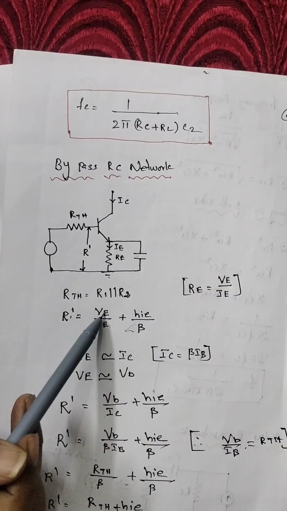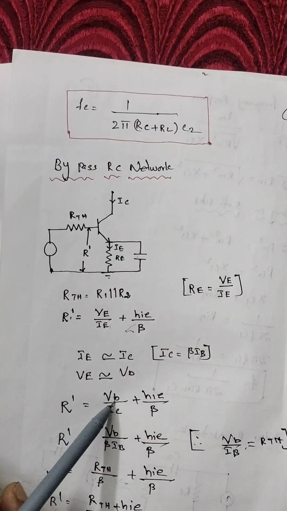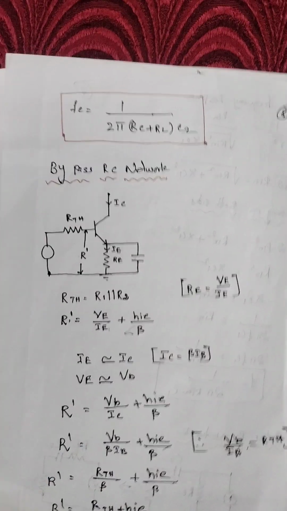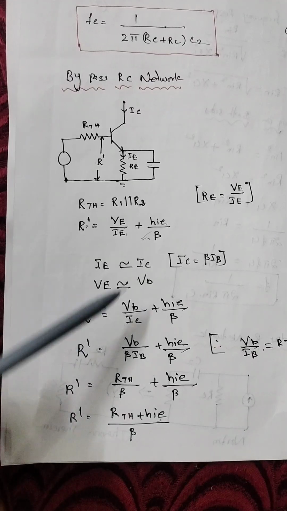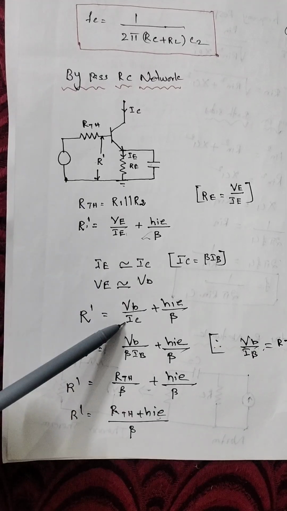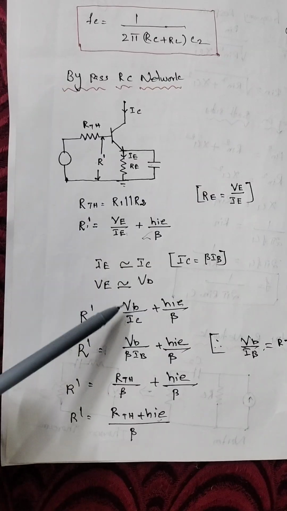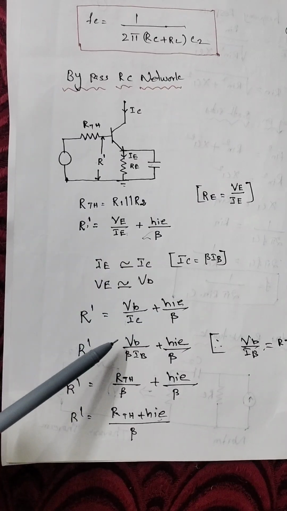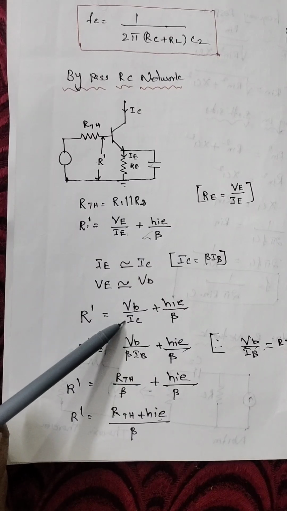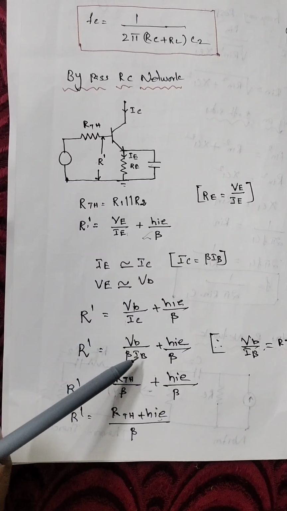Next, instead of VE I am substituting VB. Nothing else, both are the same. Are you clear? What is this? Instead of IE I am substituting IC, then instead of VE I am substituting VB plus HIE into beta is going to come. Then you know this relationship: what is IC?